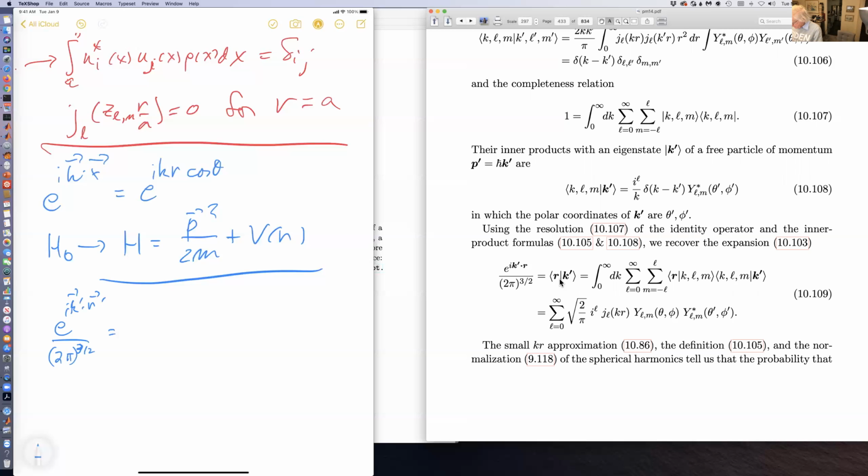This is then r, and now we've got a big sum, r, and the sum is klm, klm, and this, do I have this right?